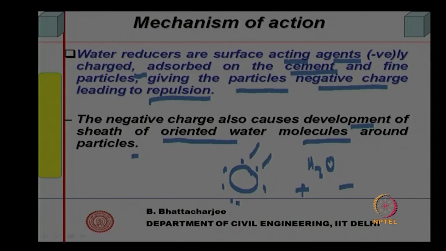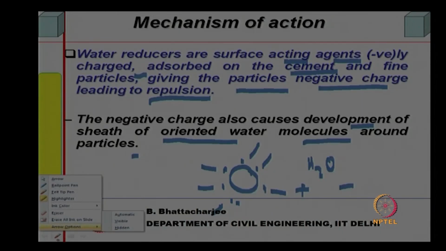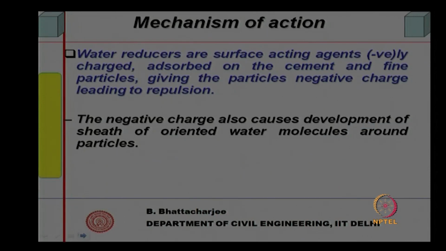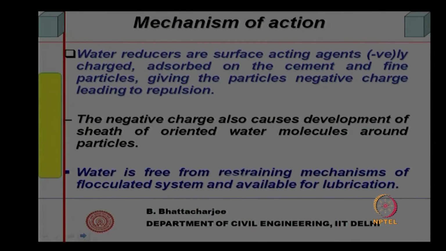So, water will get oriented and give you a sheath of oriented water molecules for wetting purposes, and this results in release of some water. Some water gets released from the restraining mechanism of the flocculated system, and therefore this water is available for lubrication, hence the plasticizing effect.